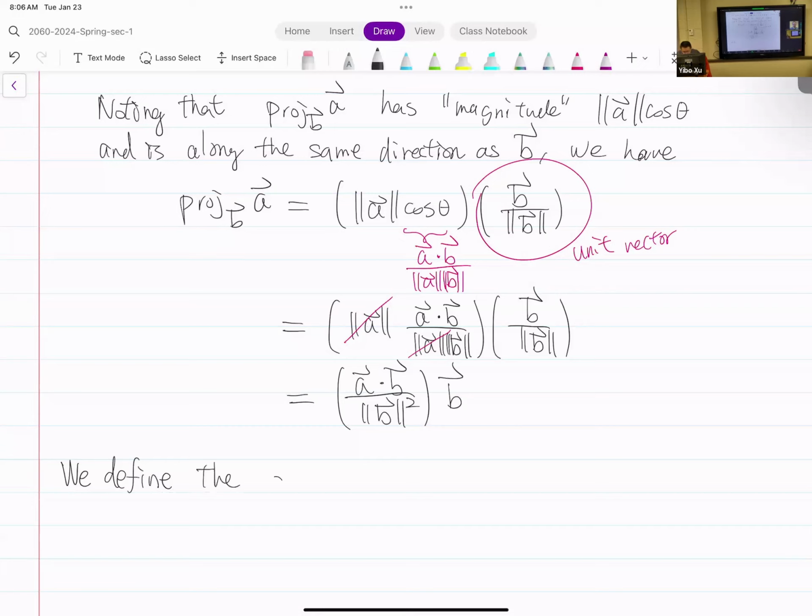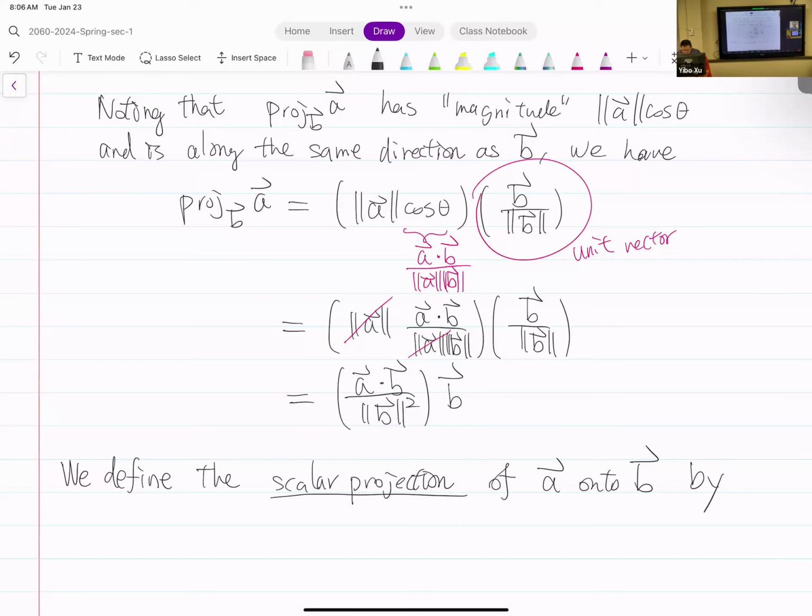We define the scalar projection of vector A onto the direction B by.